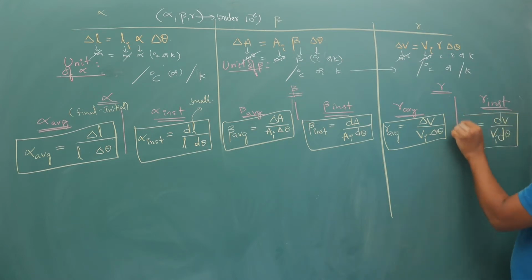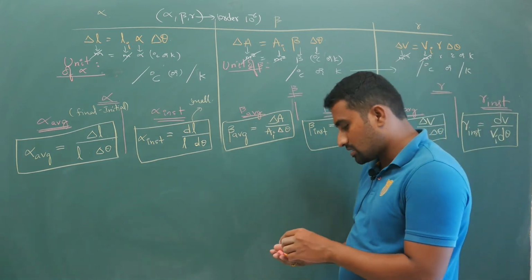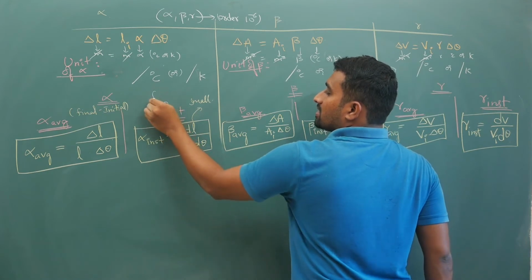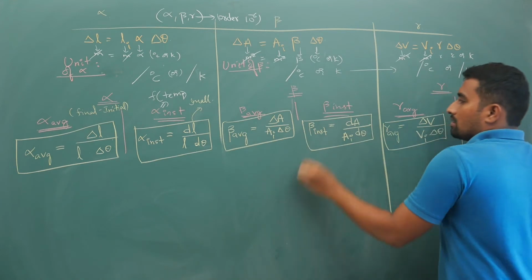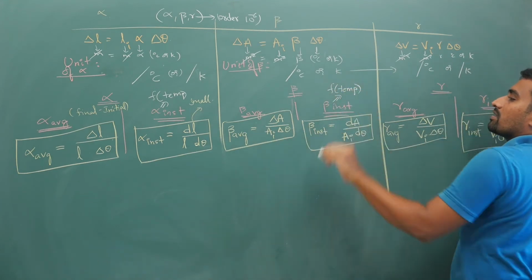Now what to do with what, I will tell you. These instantaneous values you have to use when it is a function of temperature. This also, and this also, you are supposed to use when it is a function of temperature.